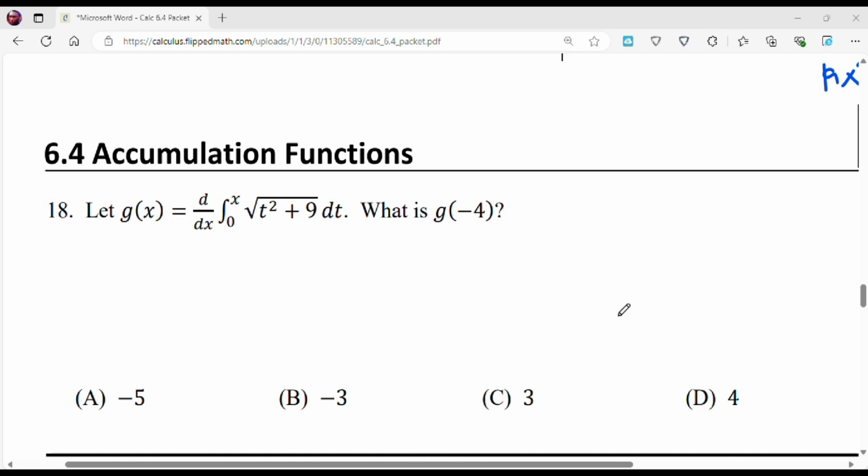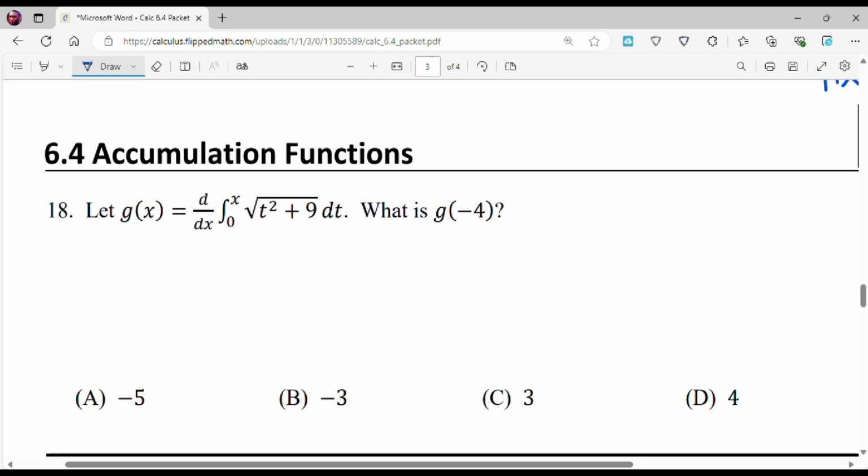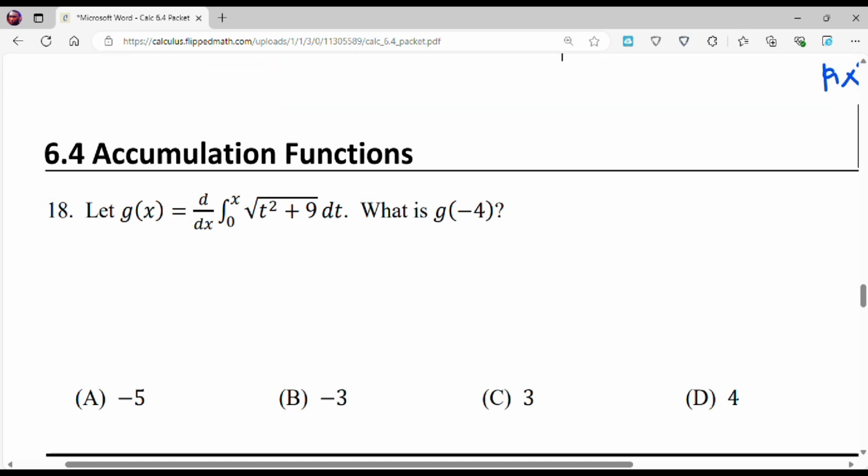So remember that if you have a constant as your lower limit and a function as your upper limit, with respect to x, we can use the fundamental theorem of calculus.